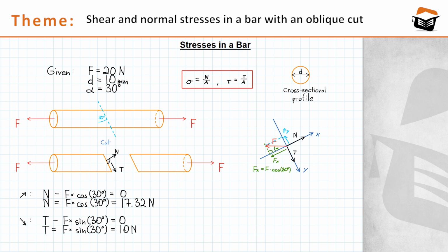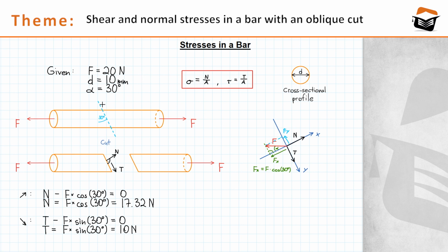Okay, are we ready to calculate the stress values by plugging these values into these equations? Not yet, because we need to find the cross-sectional areas where the stress or the forces are acting. And the cross-sectional area is different from what we had in the previous video.